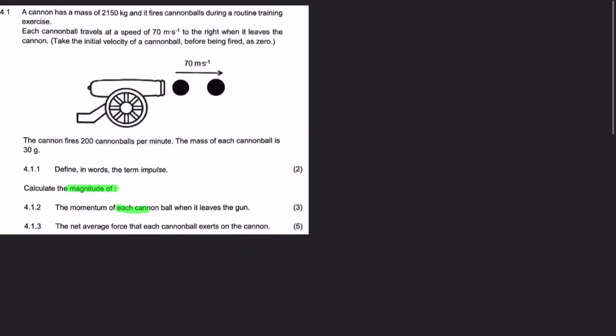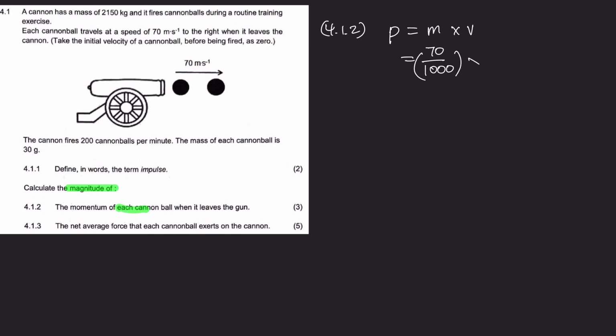For question 4.1.2, we know that momentum is equal to the mass times the velocity. The mass of a cannonball is 70 grams. We need to convert that to kilograms, so 70 divided by 1,000 and then multiplied by the velocity.